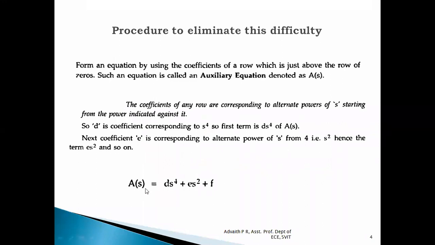So the auxiliary equation will be equal to D s to the power of 4 plus E s square plus F.